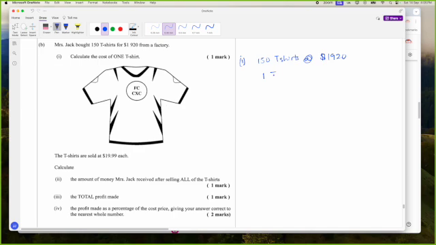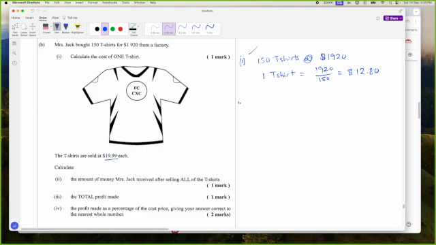Therefore, one t-shirt would be costing 1920 divided by 150, which is $12.80. So calculate the cost of one t-shirt. Number 1, done. The t-shirts are sold at $19.99 each.